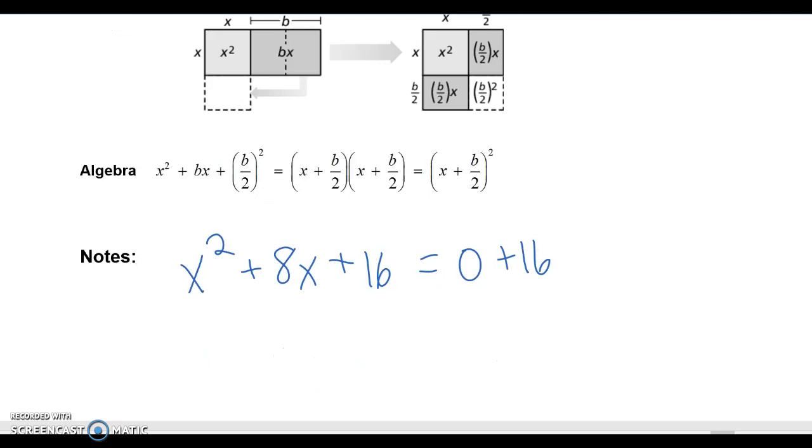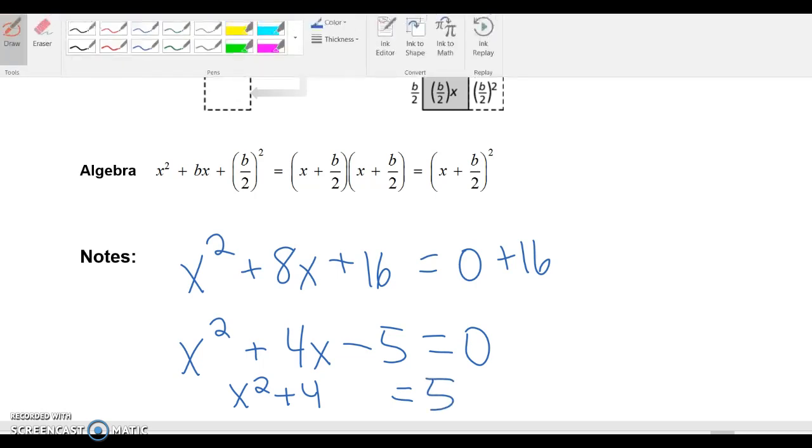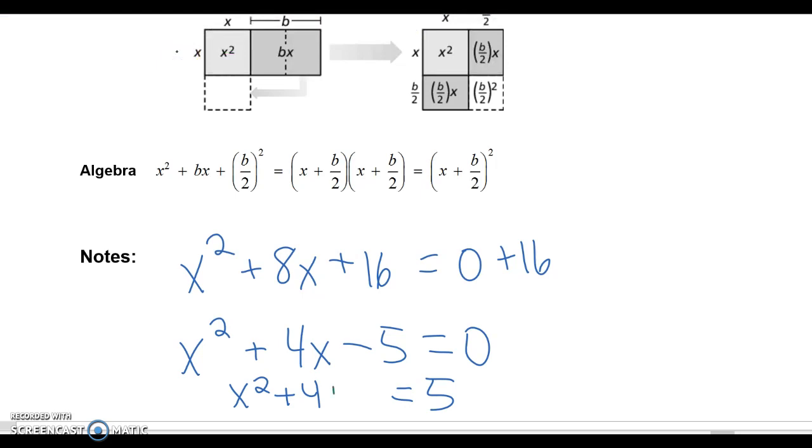Another example would be if we had something like x squared plus 4x minus 5. If we wanted to complete the square here, we would set this equal to 0, add the 5 over so that we have x squared plus 4x equals 5, and then complete the square by dividing 4 by 2.